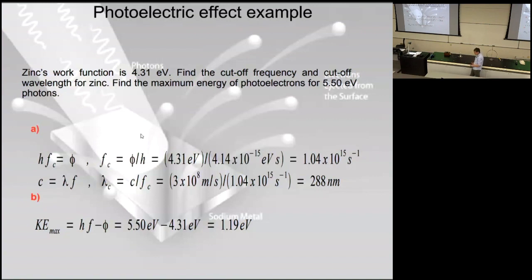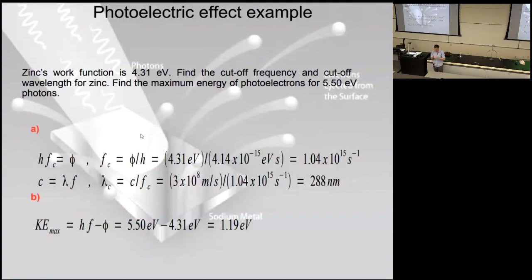At the cutoff frequency or cutoff wavelength, what is happening? Your electrons are emitted with essentially zero kinetic energy. You just liberate them, you just get them outside the metal, and there's nothing left to give them any kinetic energy. That incoming photon is just enough to push out an electron.